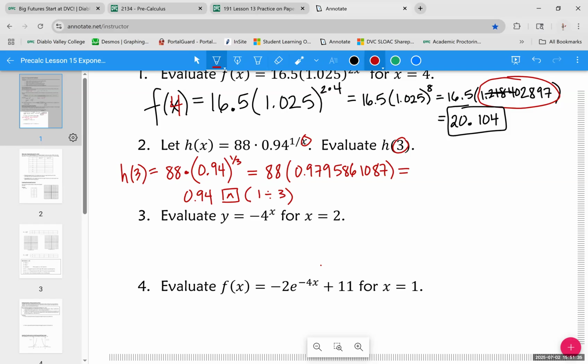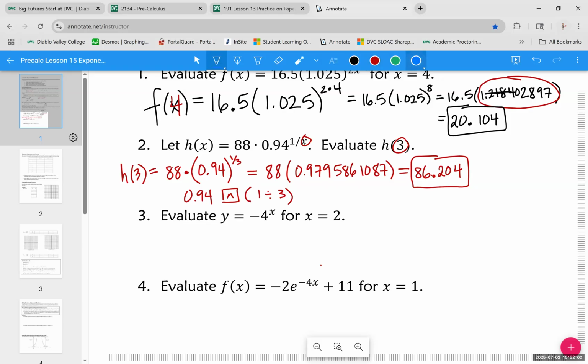And that gives me 86.2035, so 86.204 if I'm going to round to the nearest thousandth. So luckily for us, unlike chemistry, I'm not going to worry about significant figures and all that kind of stuff in this class, but you do need to pay attention to rounding and when to do it.